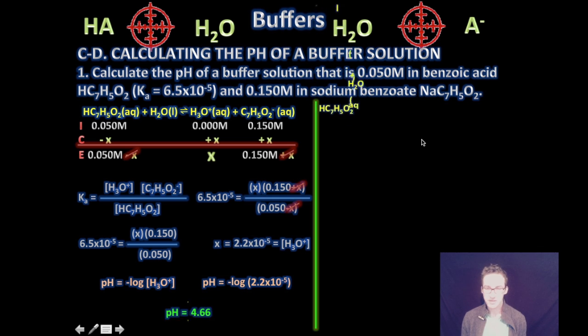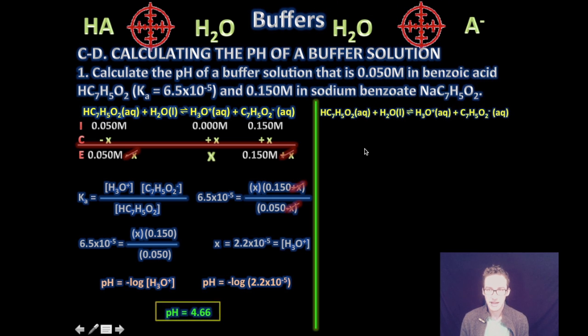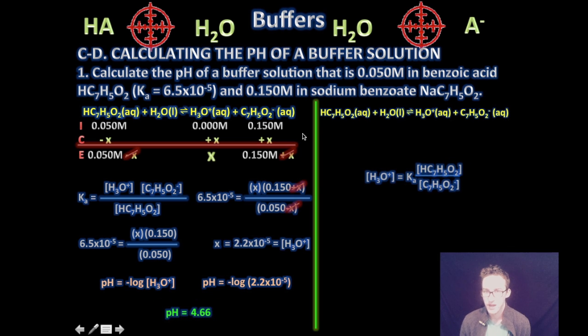So if we make this assumption about X, that it's going to be very, very small, again, I want you to think about the equilibrium constant for this equation or any equation. We can simply rearrange it and solve for the hydronium ion concentration, which is what we need when we're talking about pH.